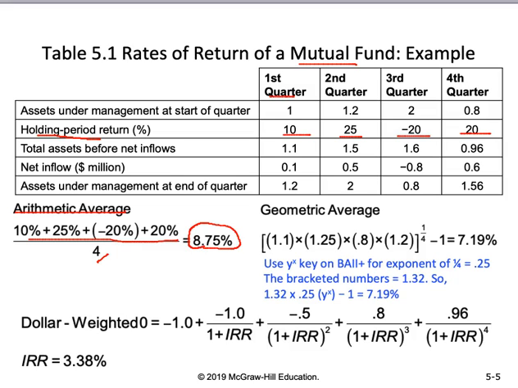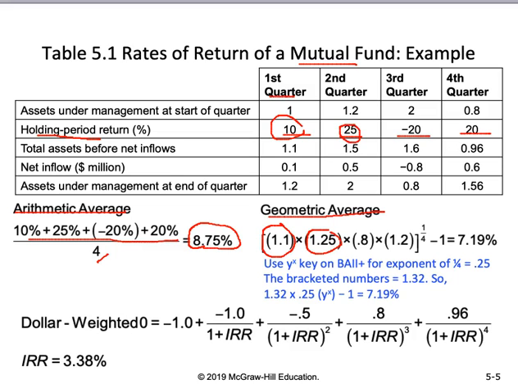The detail on how these are calculated is on pages 112 and 113 in the textbook. You'll probably need to refer to that to fill in the blanks. But the geometric return is 1 plus the return for each quarter. So we've got 1.1, 1 plus 0.1, 1 plus 0.25, which is here in the second quarter, and so on.